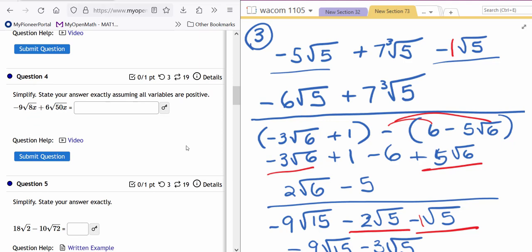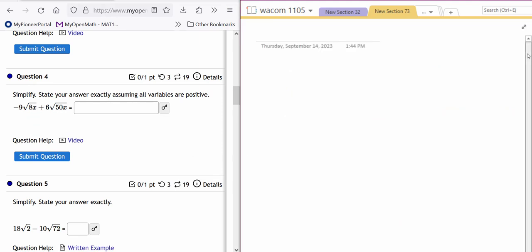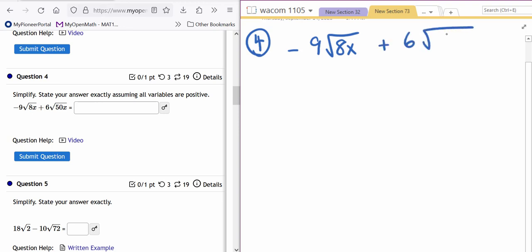All right. 4 and 5 are much more standard questions than the others we had here. So 4, we'll do it just because there's a variable in there. So negative 9 times the square root of 8x plus 6 square root of 50x.